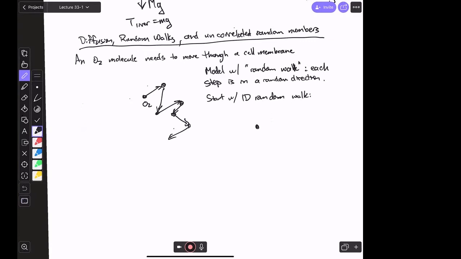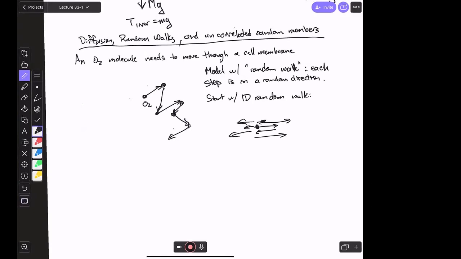So let's say here's the oxygen molecule. First, maybe it takes a step to the right, and then a step to the left, and we can allow these steps to have different sizes. There's going to be some peak, some most common size, but there's a range of different sizes, and sometimes it's moving left, sometimes it's moving right.